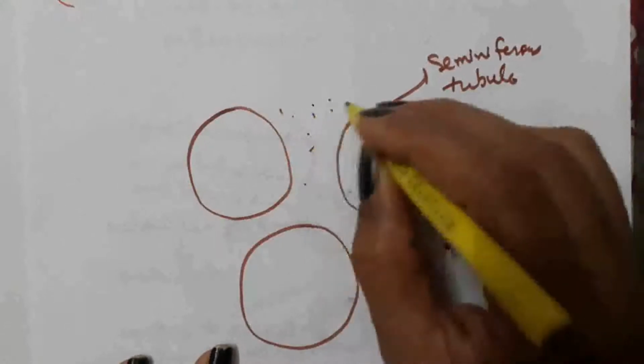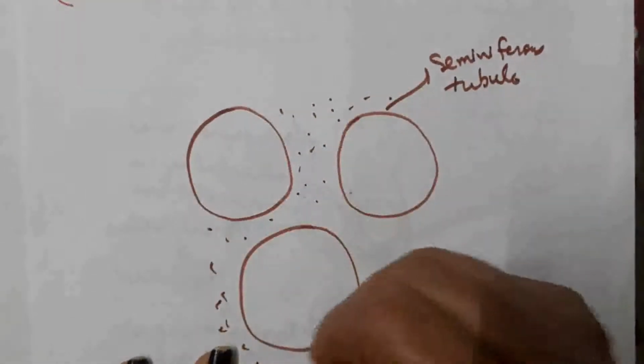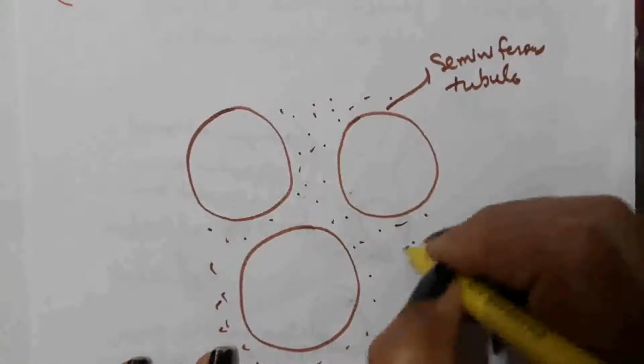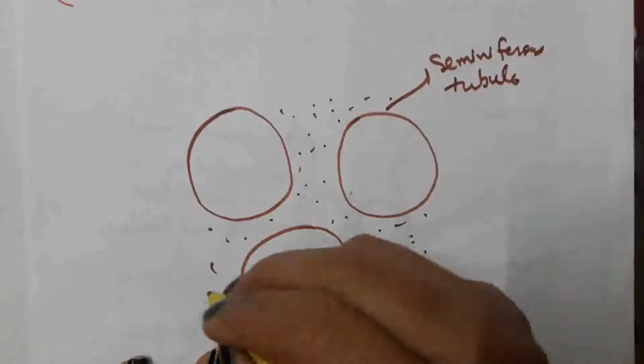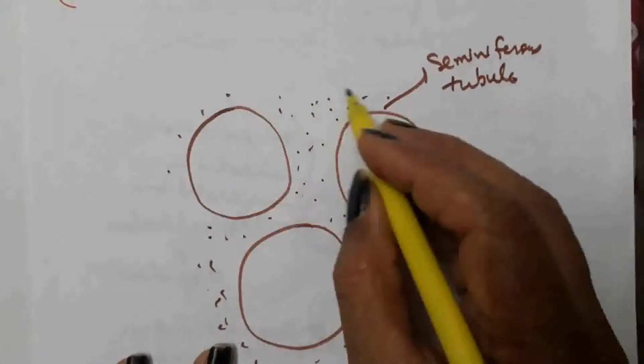Around the seminiferous tubules, there is present the connective tissue, which we call the interstitial fluid.